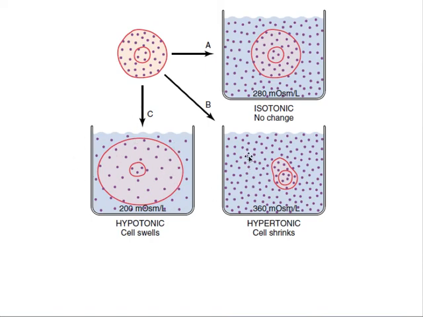And if the solution is hypertonic, meaning its osmolality is greater than that of plasma, then the water present inside the cell will start diffusing from inside to the outside, and the cell size will shrink, and this is called cell crenation.